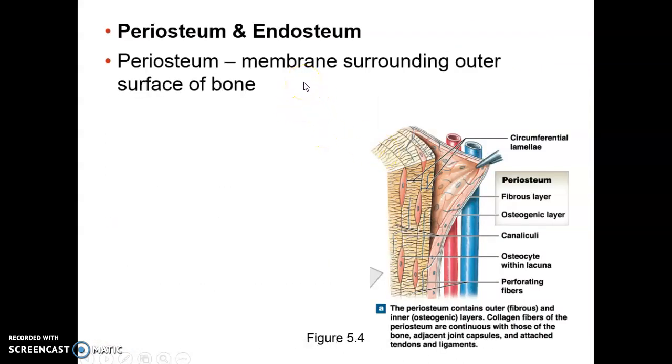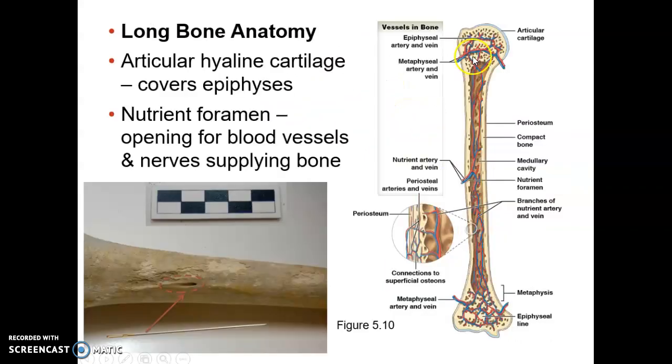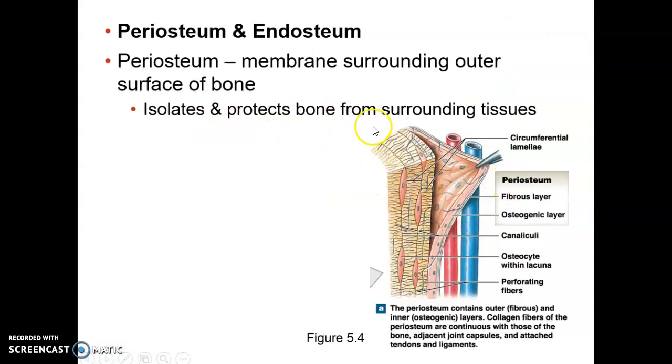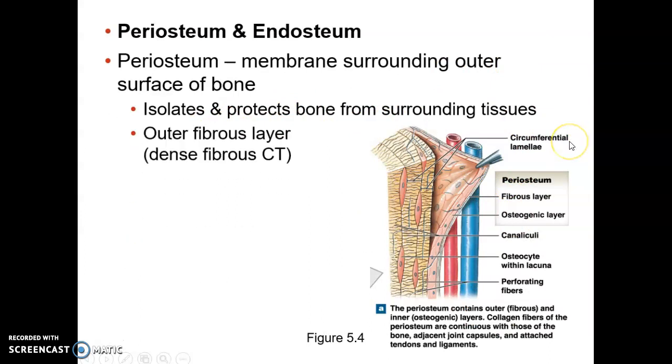So the periosteum is that membrane that covers the outer surface of the bone, essentially everywhere except where the bone is covered with articulating hyaline cartilage. It isolates and protects bones from surrounding tissues. It has an outer fibrous layer, which is dense fibrous connective tissue, what we see here in gray, the outermost layer of the periosteum.